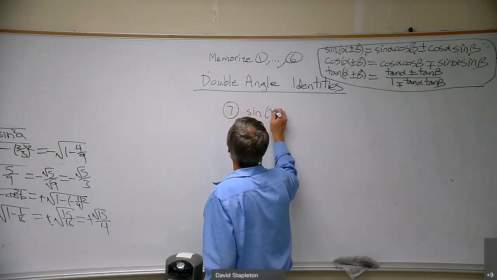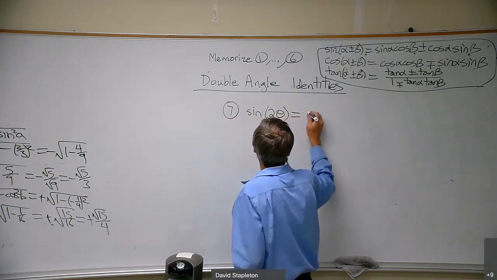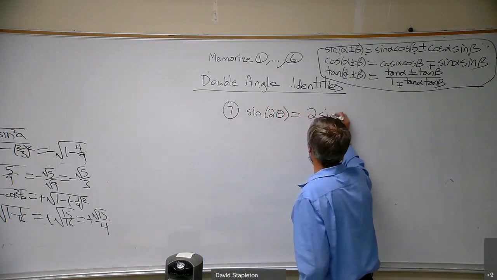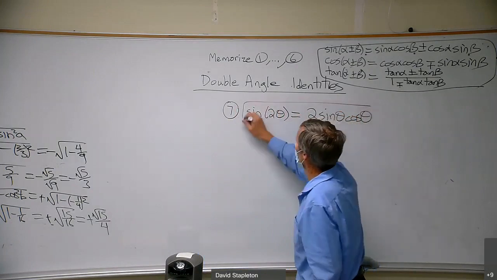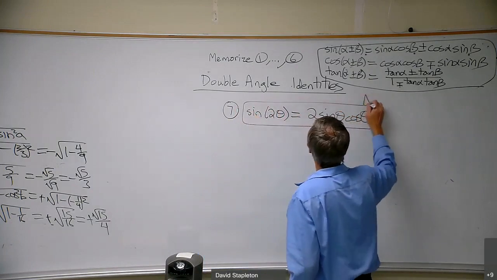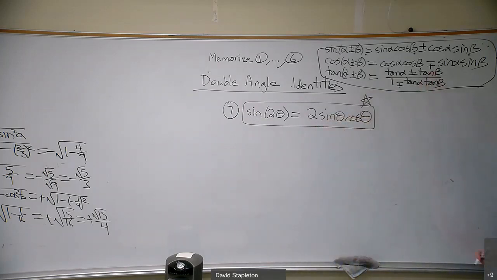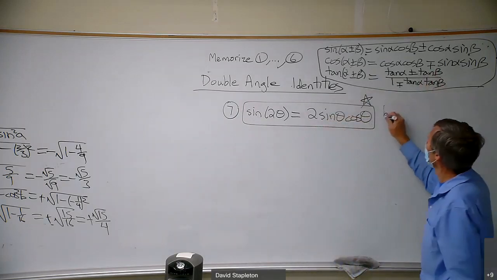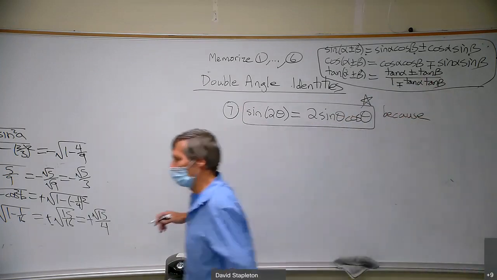The sine of a double angle, twice an angle: sine 2 theta equals 2 sine theta cosine theta. You want to memorize that one. You see how to prove that one, though? How to prove that one using these.